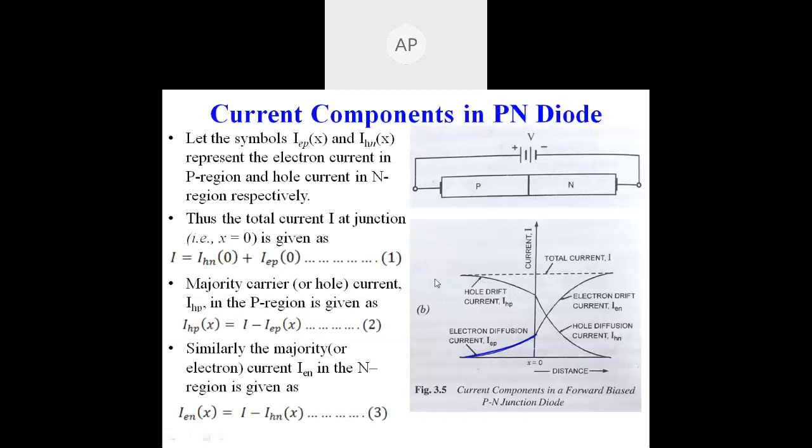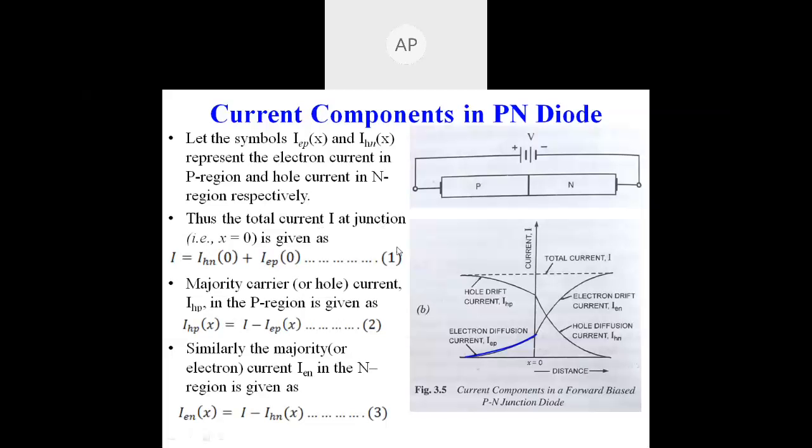And for the minority carriers, the current direction will be from right to left due to the holes in the N region and the electrons in the P region, guys. So finally, there are four components associated with the PN junction diode: two components from the majority carriers and two components from the minority carriers.